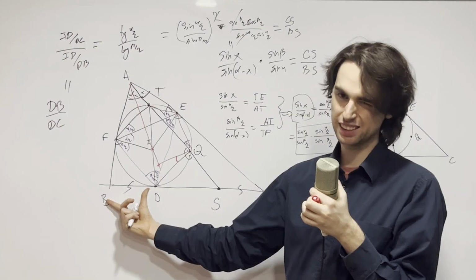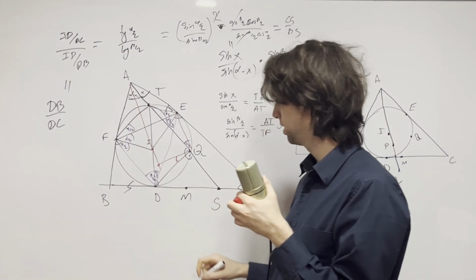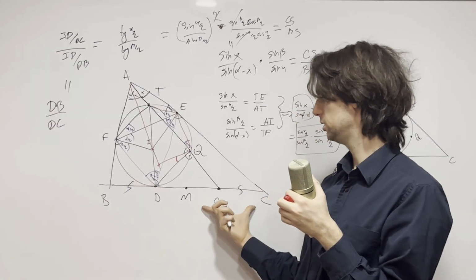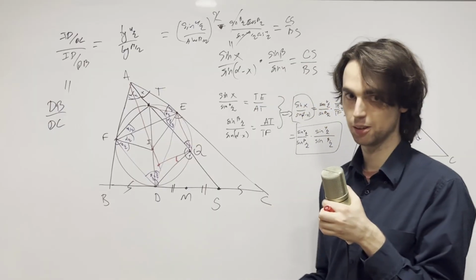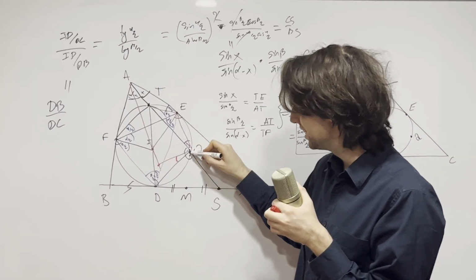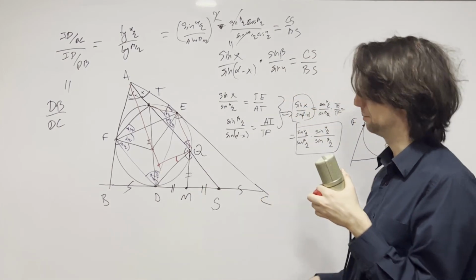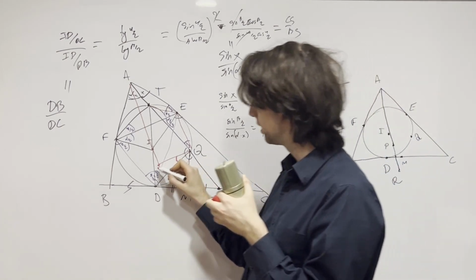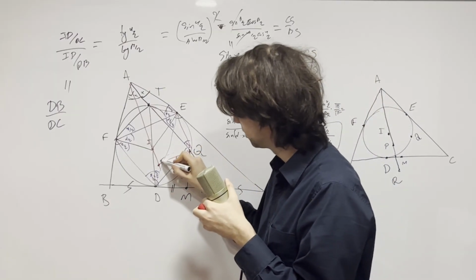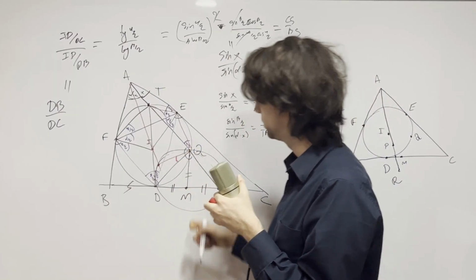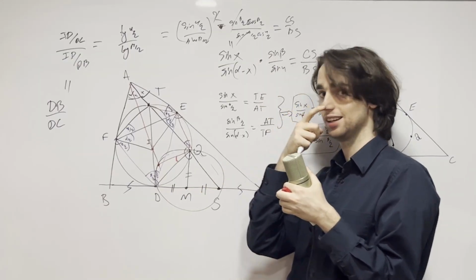Now pause for 5 minutes and think about what happens when you add M. And the answer is, when you add M, because MB is MC, MD is MS. And given this is a 90-degree angle, so MQ is MD is MS. So this point P actually lies on the circle with center M and radius MD, right?